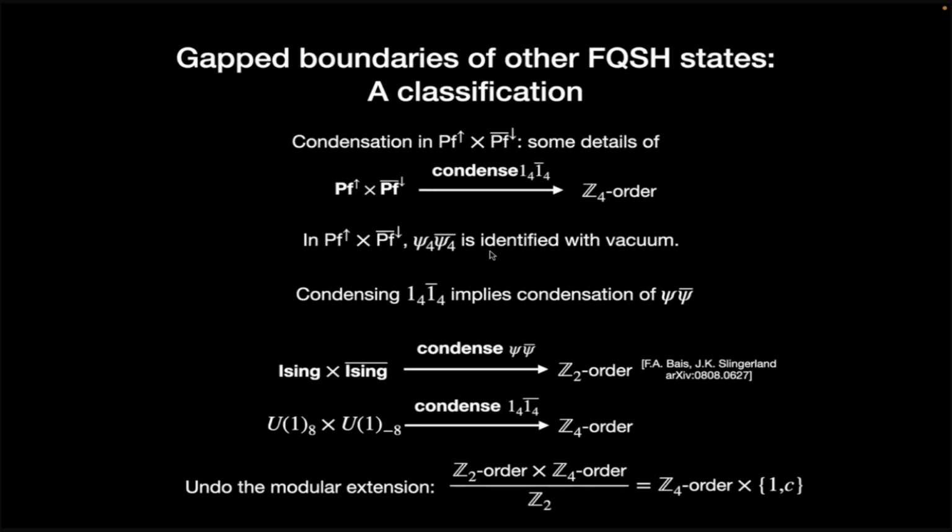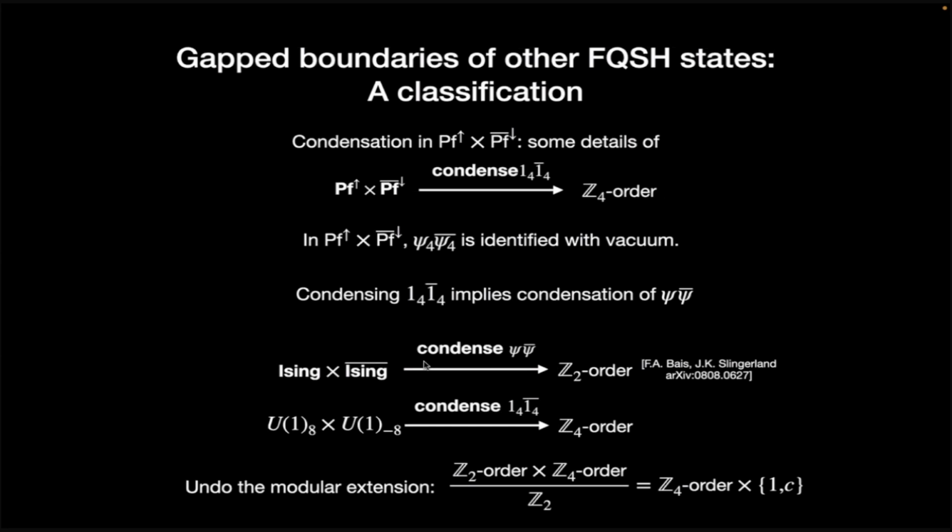It is important to notice that this psi4 bar anion in the Pfaffian times Pfaffian bar is actually identified with vacuum, because in each factor, psi4 is identified with the physical fermion, and in Pfaffian bar, psi4 bar is identified with the physical fermion, which means this is identified with the vacuum. Or you can say it's a Cooper pair, but a Cooper pair is topologically the same as vacuum. So topologically this is trivial.